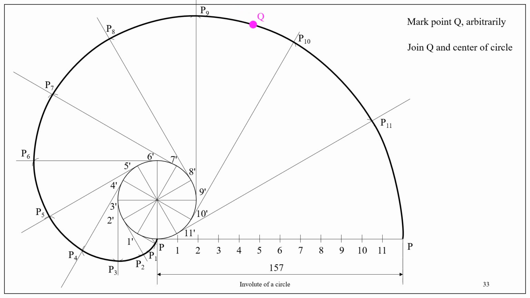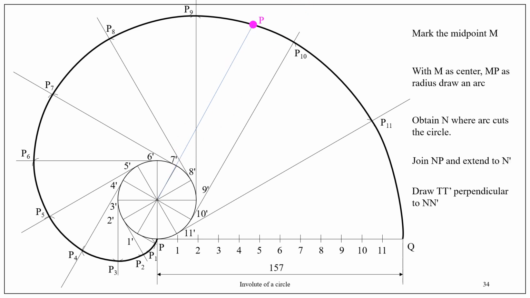So that is Q. Join Q and the center of the circle. On the line connecting point P and the center of the circle, locate the midpoint. Midpoint is M.